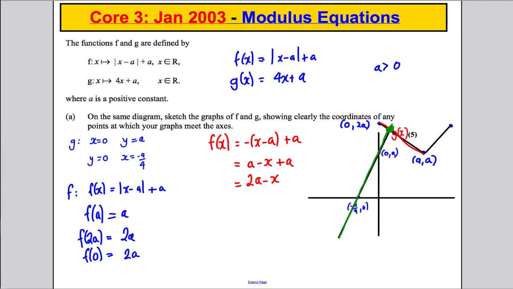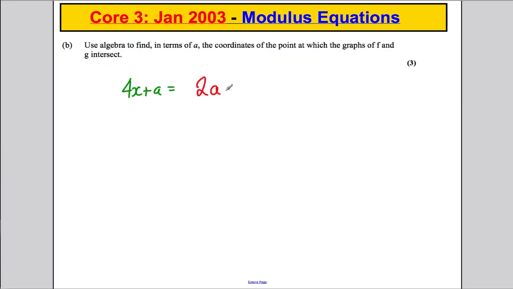So we're solving 4x plus a equal to 2a subtract x. What I can do is add x to both sides and subtract away a. So I would get 5x is equal to a, and therefore x is equal to a over 5.